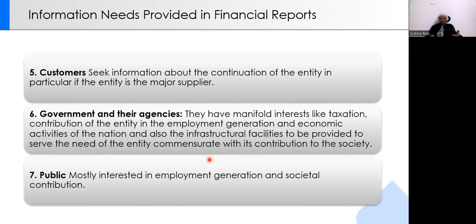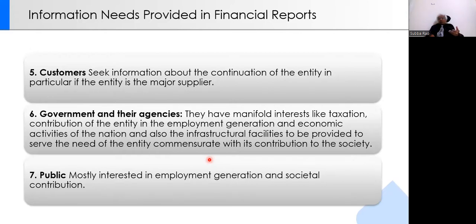Then the public, of course, how much employment they provide, and in some of the companies, they develop the entire area as a whole, providing better drainage facilities, roads, trees. Ultimately they will be contributing to the public welfare. That's why the public are also interested.